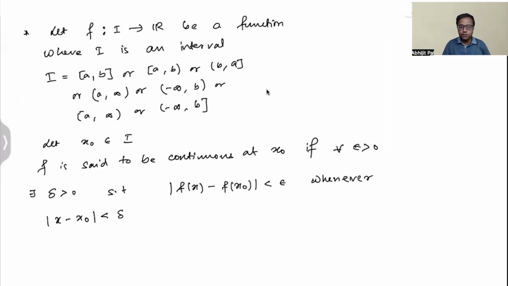This is the definition of continuity. So whenever mod of x minus x naught is less than delta, then mod of f(x) minus f(x naught) is less than epsilon.